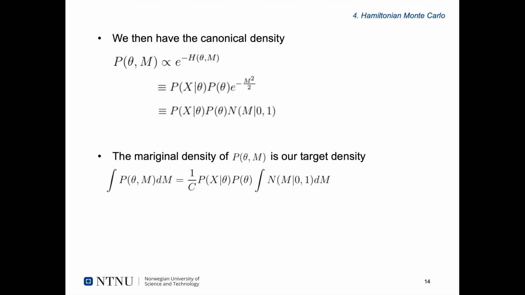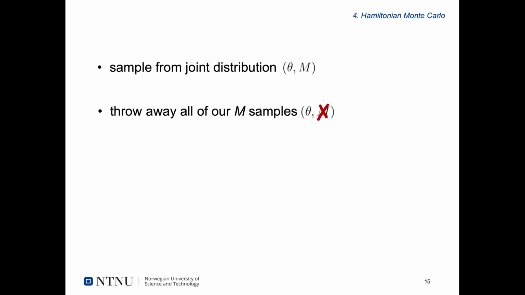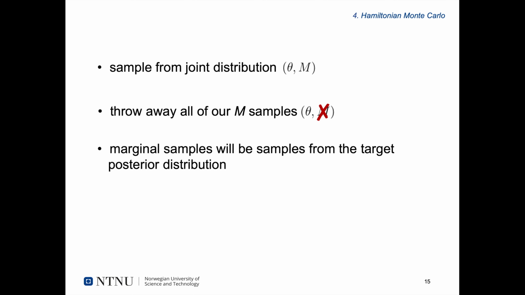So the marginal probability density reduces to our target density. In practice, we don't have to calculate the integral. What we do is we sample from the joint distribution of theta and m, and then throw away all of our m samples, so that the marginal samples for theta will be the samples from the target posterior distribution.